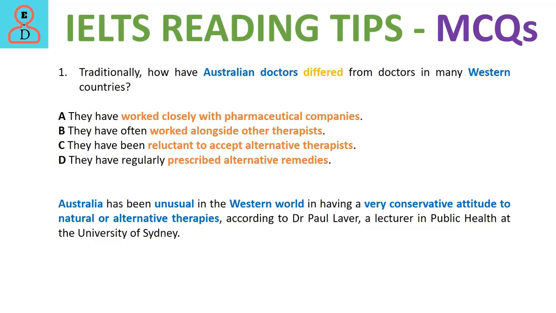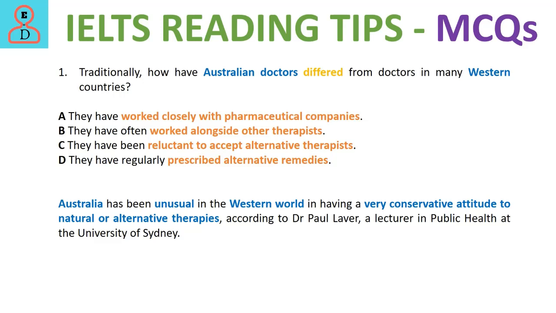In the first option, it is said that Australian doctors work with pharmaceutical companies. Now read the part of the passage carefully, and clearly there is no mention of pharmaceutical companies. Hence, there is no mention of this option.